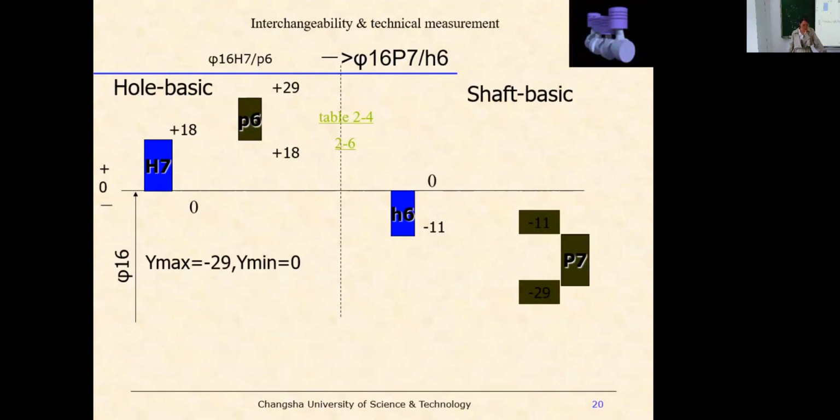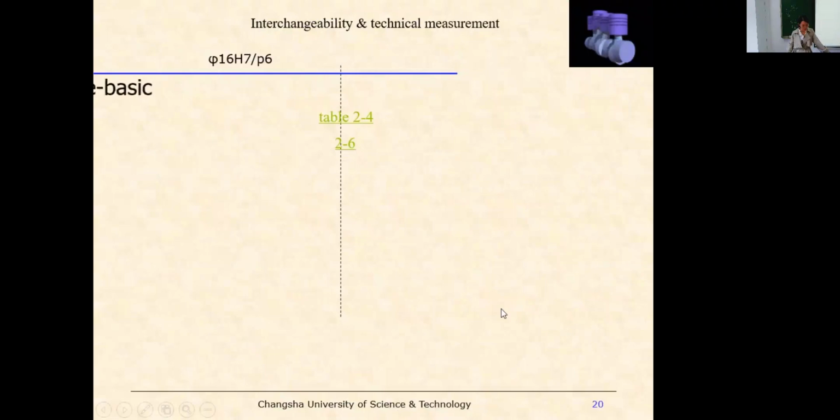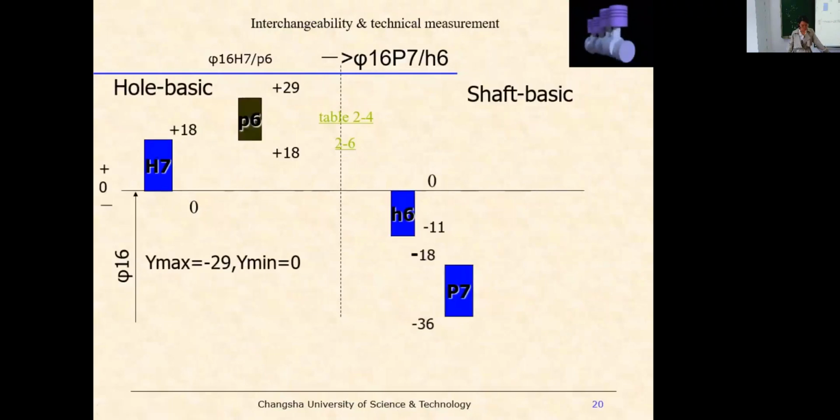With this one, we check from the table for P7.